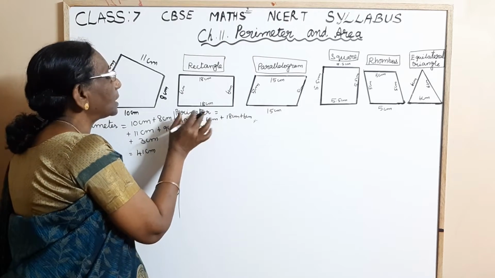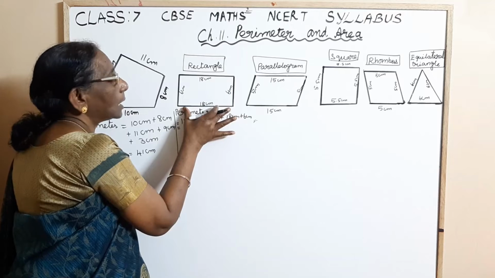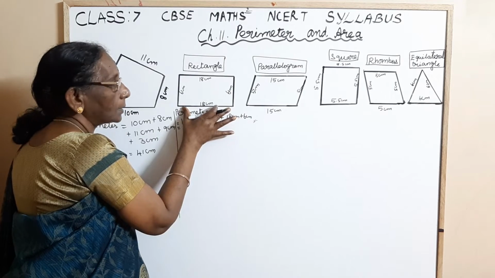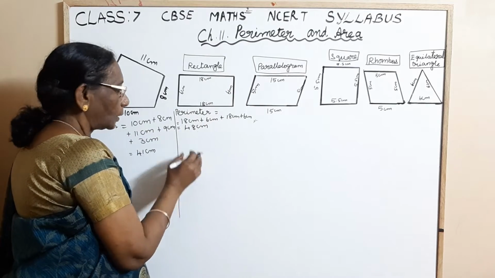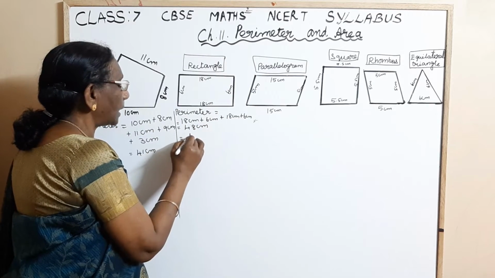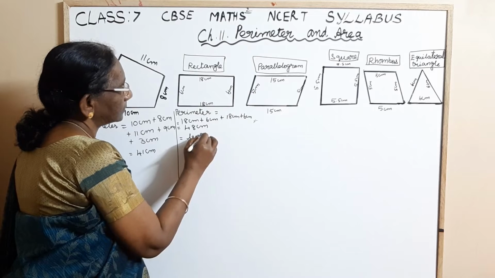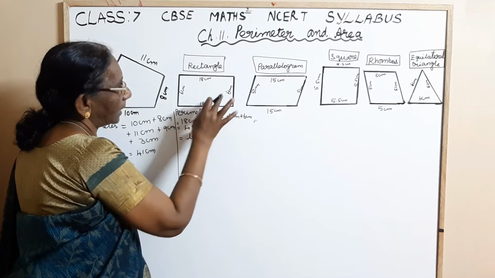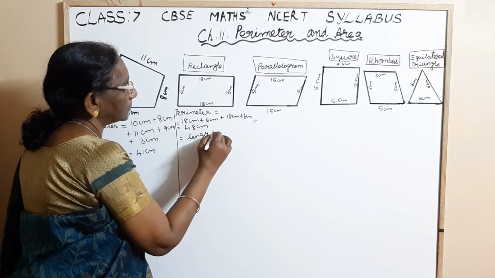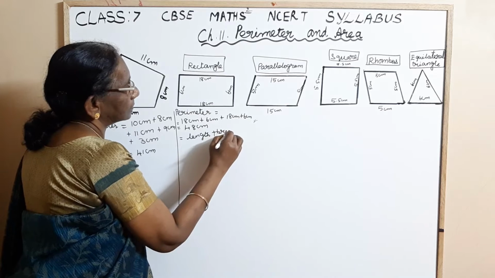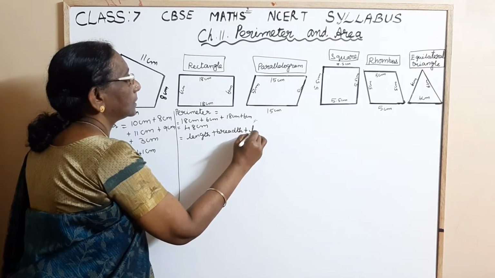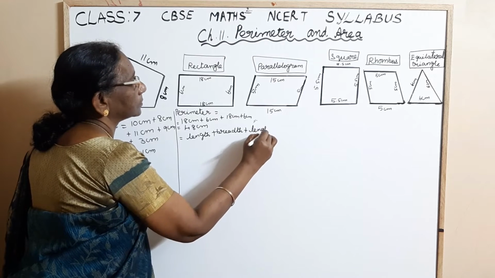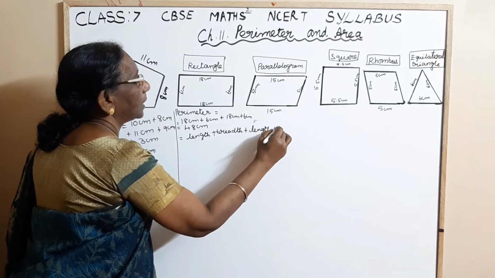Now 18 centimeter is what? It is the length of the longer side and 6 centimeter is the length of the shorter side. So you used to write it as what? Length plus breadth plus length plus breadth. This is length and this is breadth.